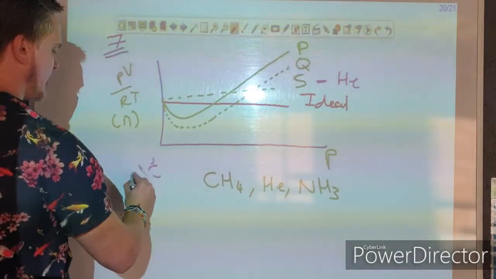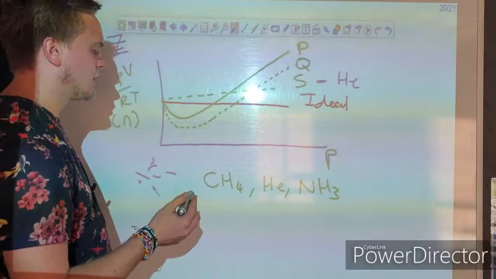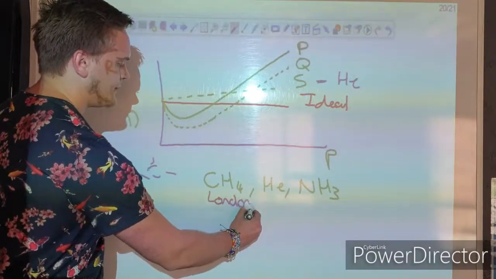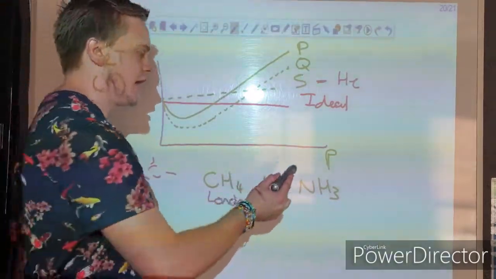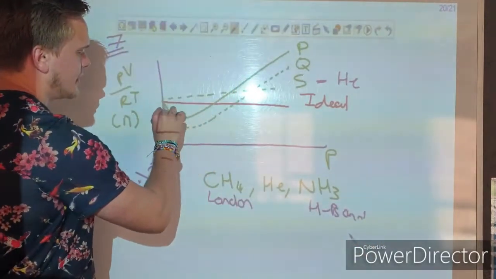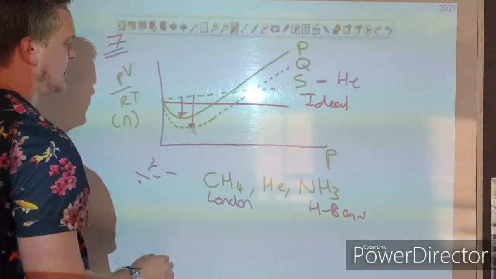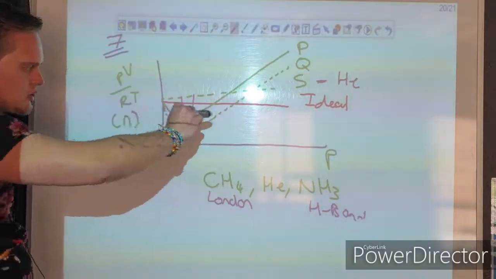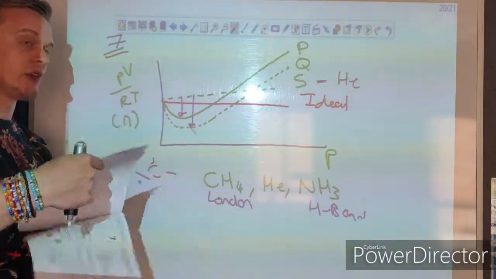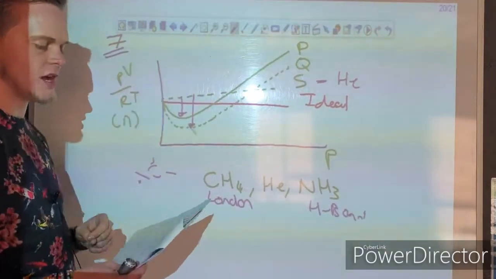So CH4, if you draw the Lewis diagram for CH4, you'll see that it is a non-polar molecule, so it has London forces, okay? And NH3, because it has an N bound to an H, has hydrogen bonds. You should know that the larger the deviation from the straight line, the stronger the intermolecular force will be.